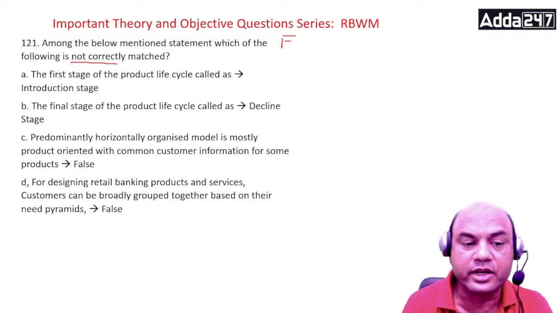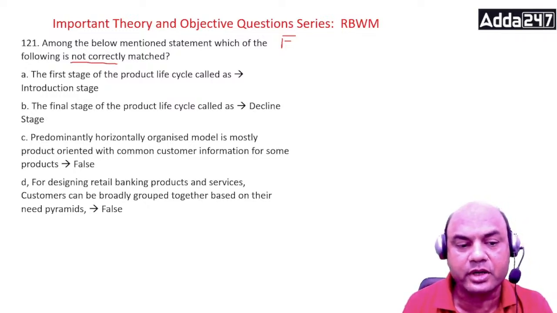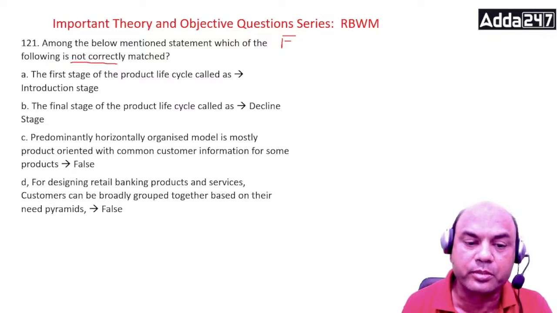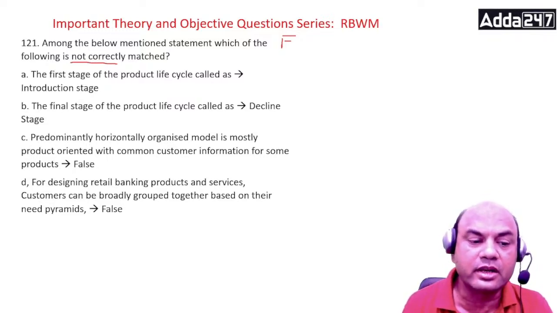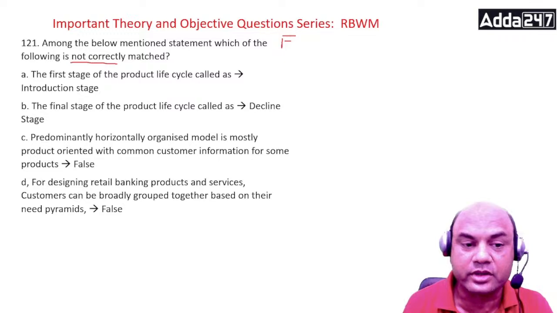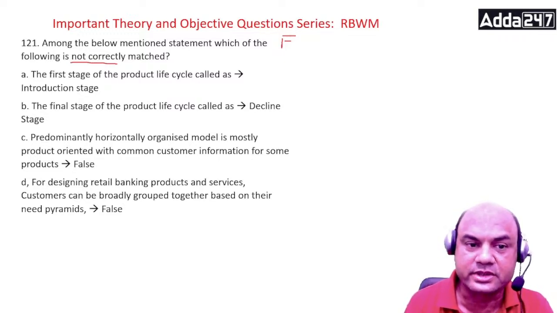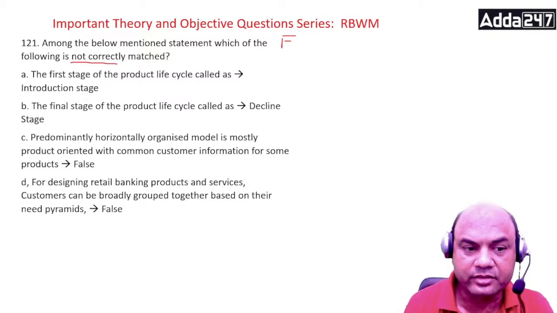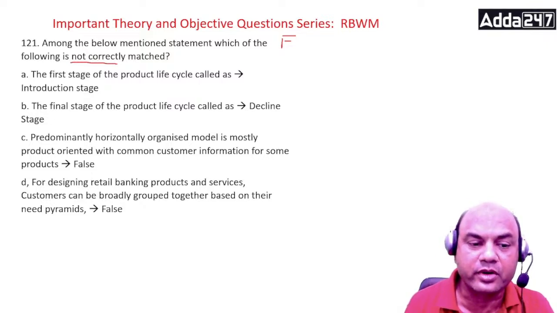For designing retail banking products and services, customers can be broadly grouped together based on their need pyramids. Now look at true and false also. So introduction, first stage. Last stage, decline. Predominantly horizontally, that is false. And designing retail products and services, grouped as per the need pyramid, false.